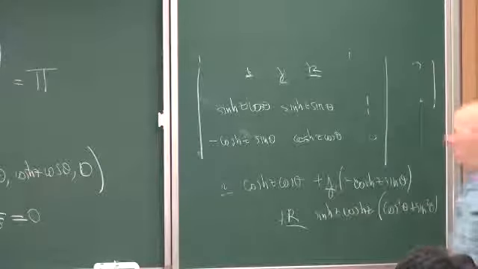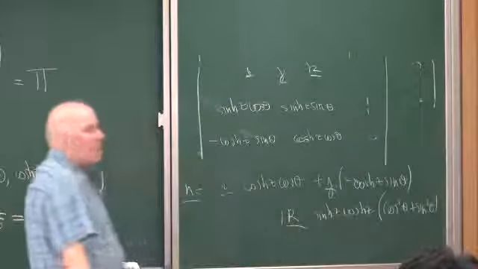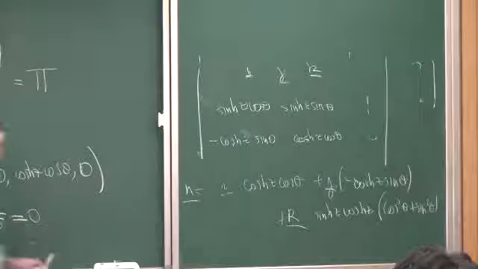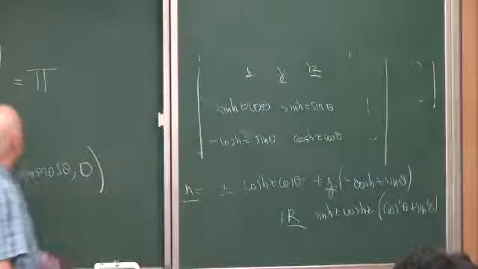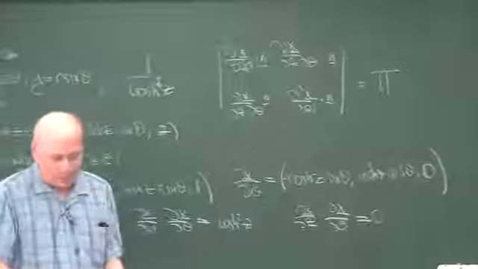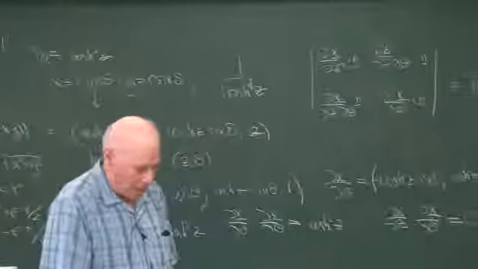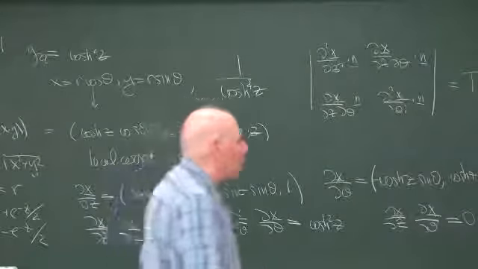Okay, so now we know n. Of course, I have to normalize this, make it a unit vector. Now I take the dot product of the n with these guys, and I pick up the components. It gets a little bit messy, but the n has a common factor.